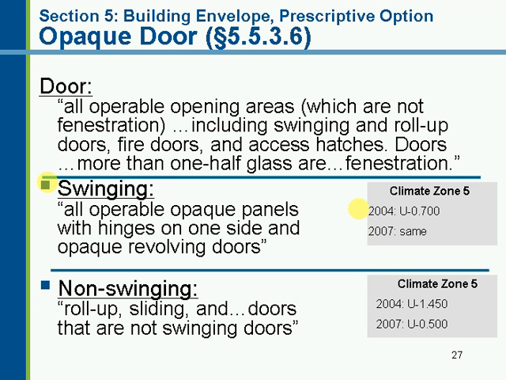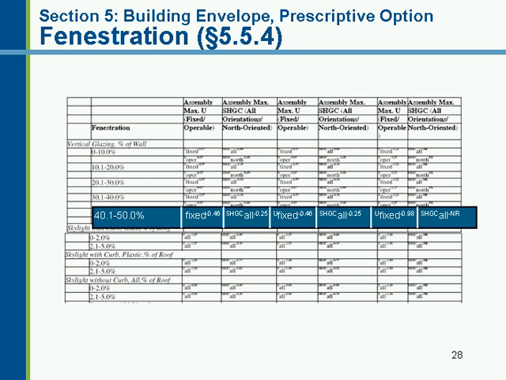For non-swinging doors, which are roll-up as well as sliding doors, the requirement is a U-factor of 1.45 in 2004, which is essentially uninsulated, but going to an insulated door in 2007 with a U-0.50. Now there are a limited set of defaults in Appendix A7. You can also get ratings per NFRC 100 that we'll talk about in the fenestration section here for those doors.